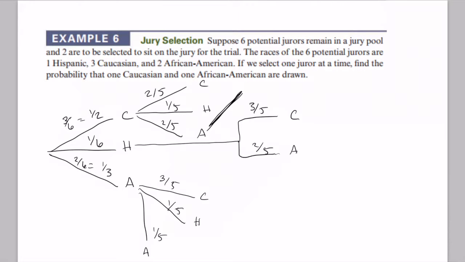So it's going to be this choice right here and this choice right here. So that's going to be 1/2 times 2/5 equals 1/5. And then I have 1/3 times 3/5 equals 1/5 as well.